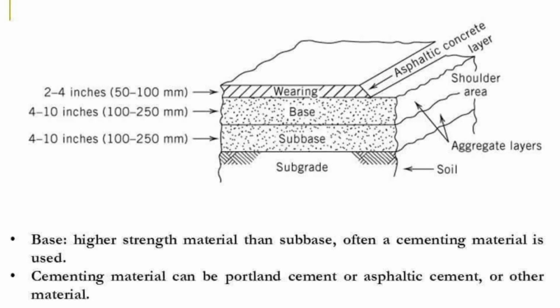The design of flexible pavement is basically the layer thickness selection. Here we can see that if you are using thumb rules, then 2 to 4 inches are used for the wearing course and 4 to 10 as a base layer, and while the thickness of sub base is selected between 4 to 10 inches.